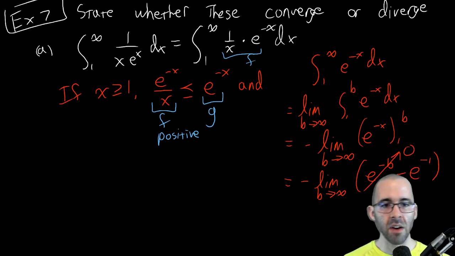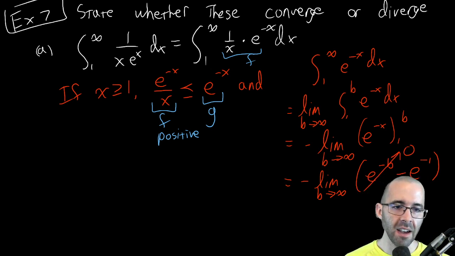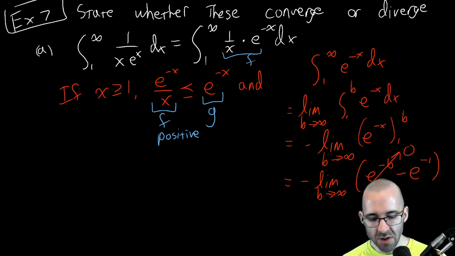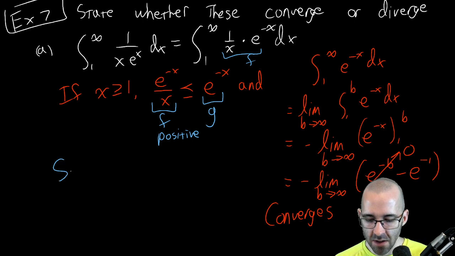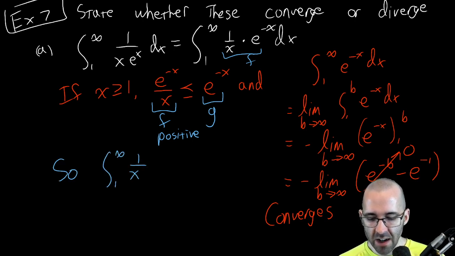This limit goes to 0. As b goes to infinity, e to the negative b goes to 0. This converges. Doesn't even matter what it equals. We just showed that it converged. It equals 1 over e. So, all right, if the integral of g converges and g is bigger, f also converges. The integral from 1 to infinity of 1 over x e to the x dx converges by the comparison theorem.